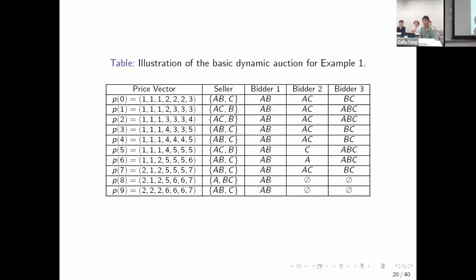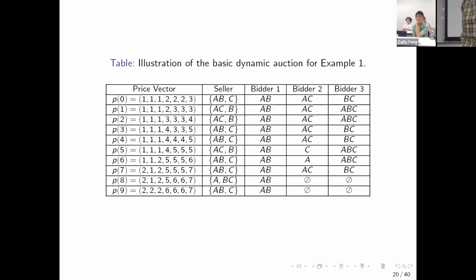Then AB and ABC are not supplied by the seller, so we increase the price of ABC and AB. ABC is this one, and AB is this one.